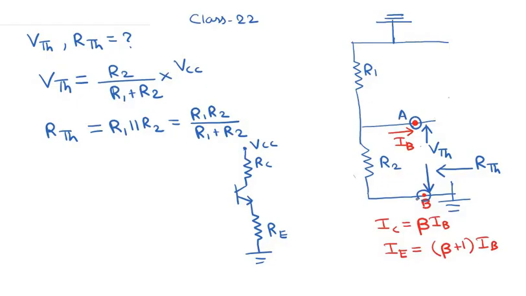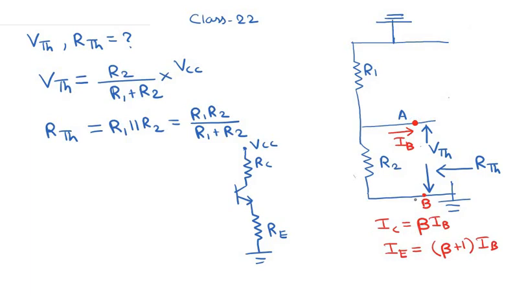So we replace everything that is connected between the base and the ground by the voltage source VTH and the resistor RTH. Okay, I repeat again that we are basically finding the Thevenin's equivalent network between this point A here and this point B here.